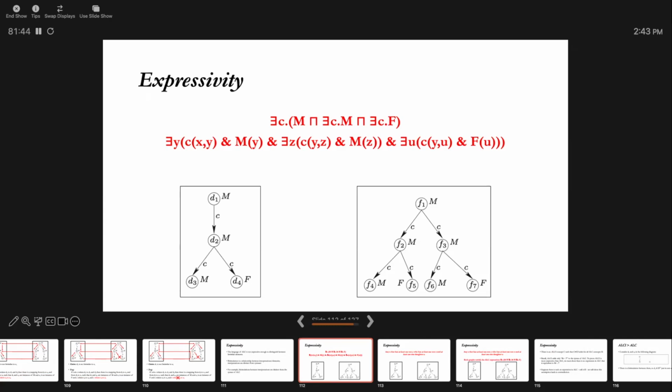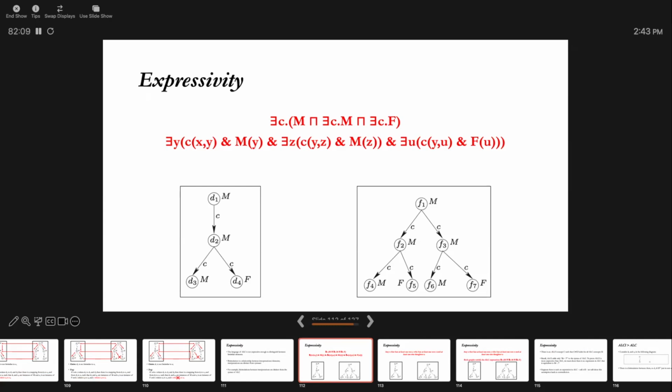This says, there's an implicit universal there. For all x, there's some y such that c relates x to y, and y is an m. And there's some z such that c relates y to z, and z is an m. And there's some u such that c relates y to u, and u is an f.